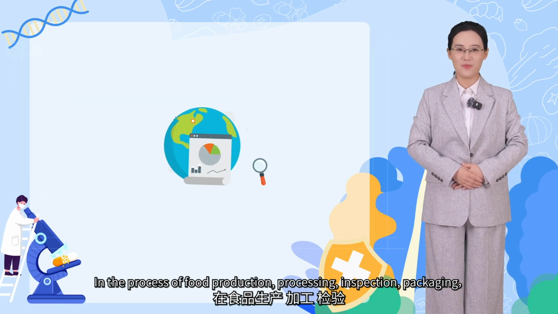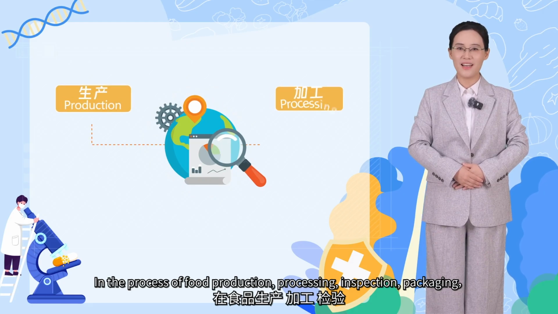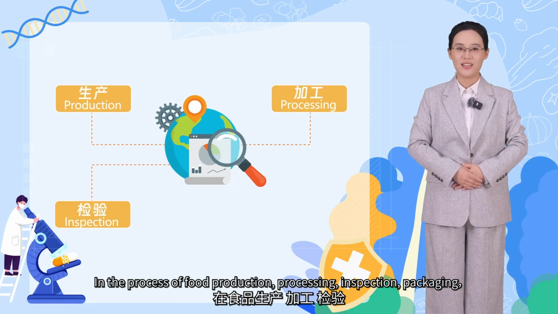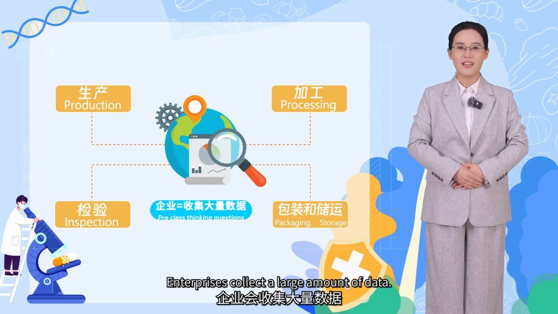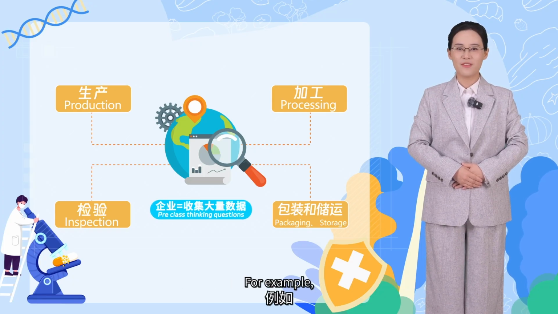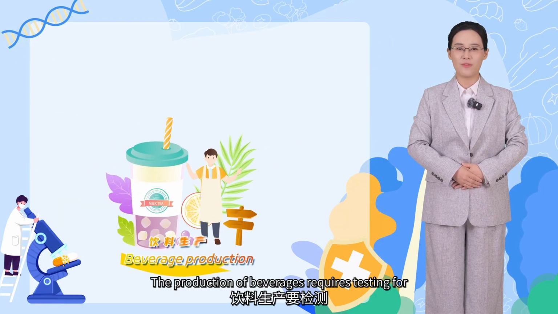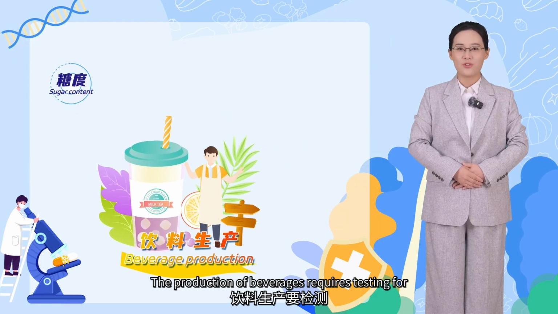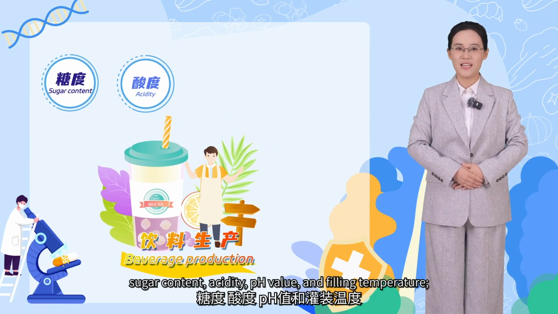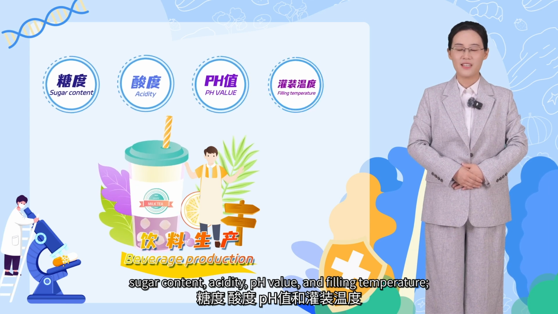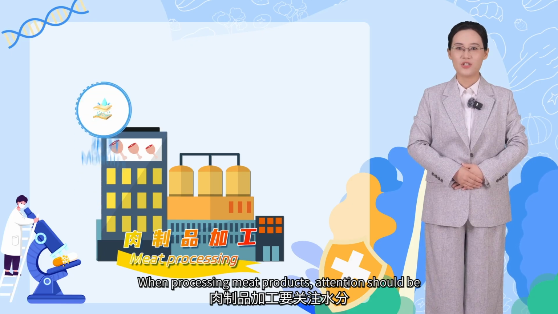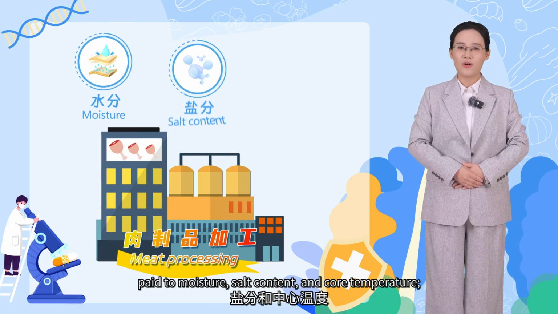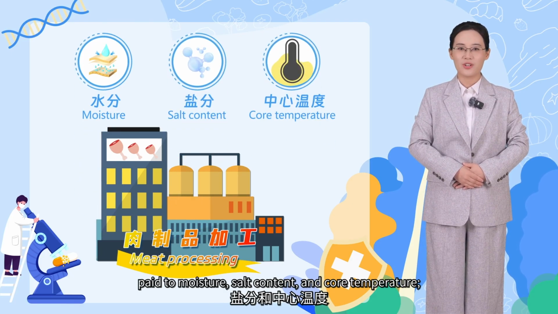In the process of food production, processing, inspection, packaging, and storage and transportation, enterprises collect a large amount of data. For example, the production of beverages requires testing for sugar content, acidity, pH value, and filling temperature. When processing meat products, attention should be paid to moisture, salt content, and core temperature.